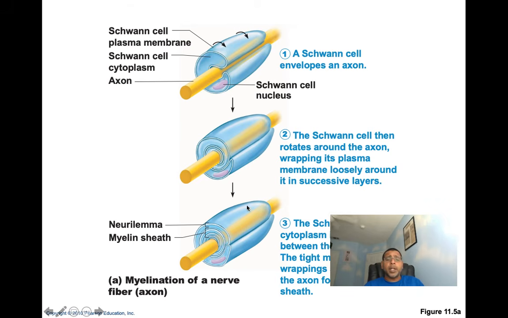And then finally, completing myelination, you have this outer husk, the neurolemma, formed. Then you can see the myelin sheath right underneath, and then here's the nerve fiber. The myelin sheath is a whitish, fatty, segmented nerve fiber covering. And the neurolemma, we said, is the outer husk, the outermost layer, basically.